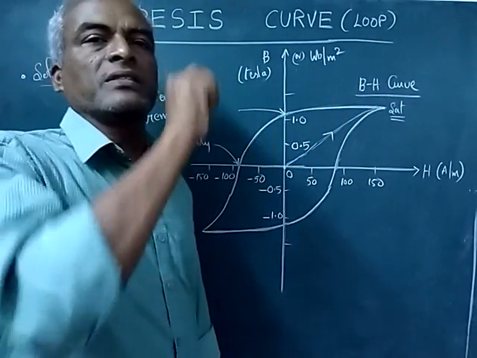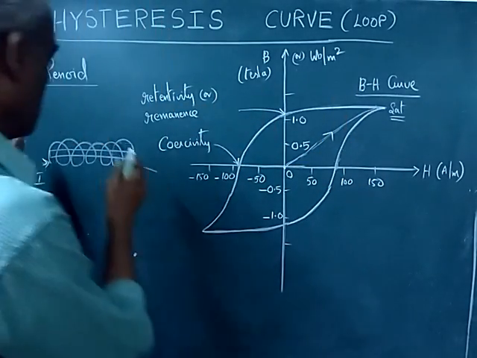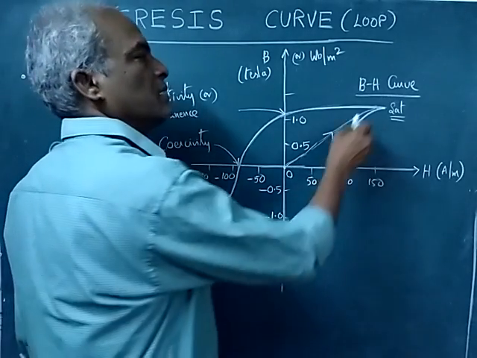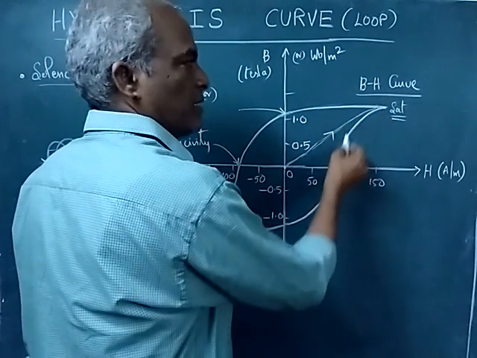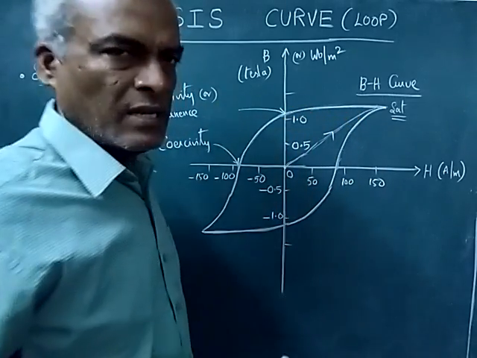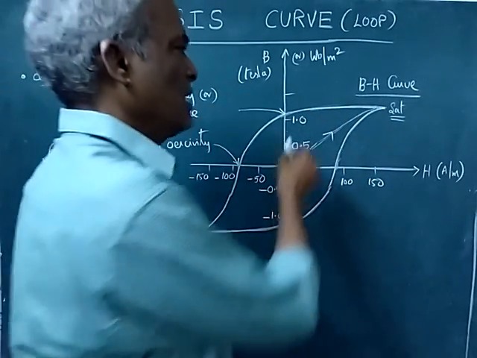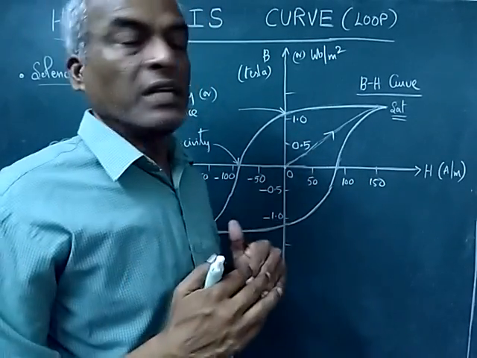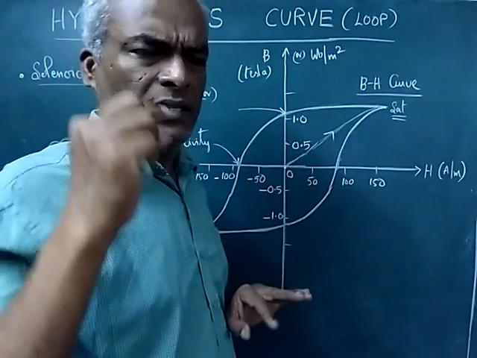Once you decrease the current in the coil, there is no big difference in the magnetic flux density. There is only a slight decrease.